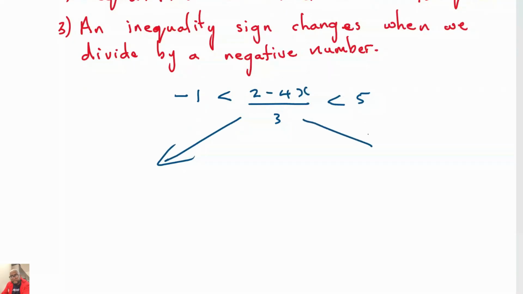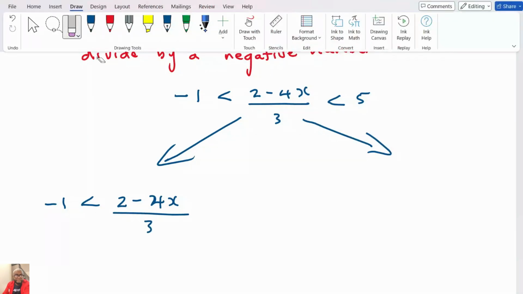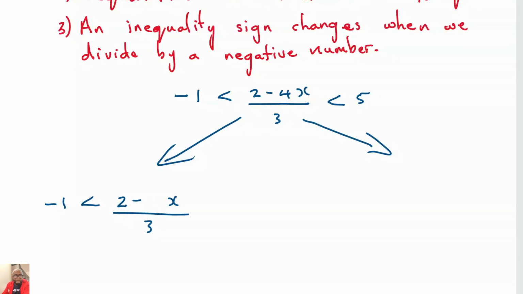The first one will be -1 is less than 2 minus 4x all over 3. And the other one, so that's like the first half, the other one would be 2 minus 4x over 3 is less than 5.